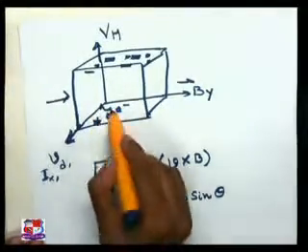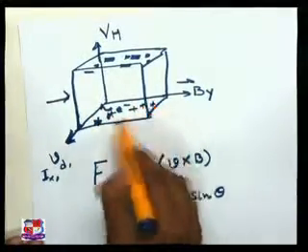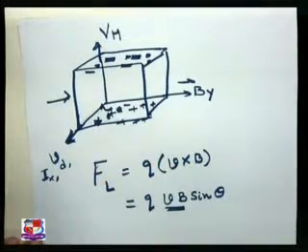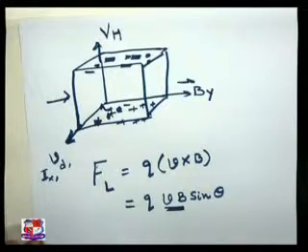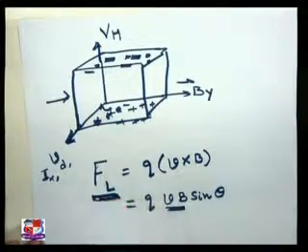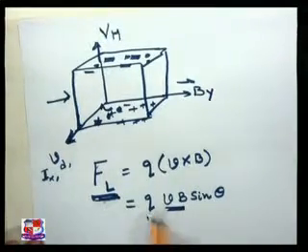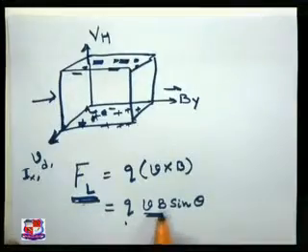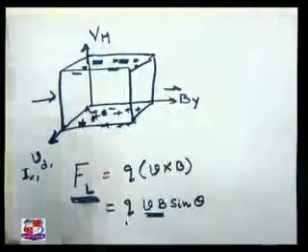Due to that there will be a charge accumulation at the bottom of the surface, which are positive charges, right? There is no charge separation due to the fields. The charge separation is purely due to the Lorentz force. So this is QVB sin theta, and the resultant direction of the electron will be on the upper side.